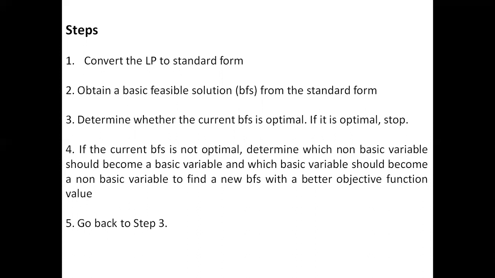So if the current basic feasible solution is not optimal, then you have to determine which non-basic variable should become a basic variable, and vice versa, basic as a non-basic. And then we will be obtaining a new basic feasible solution with a better objective function.